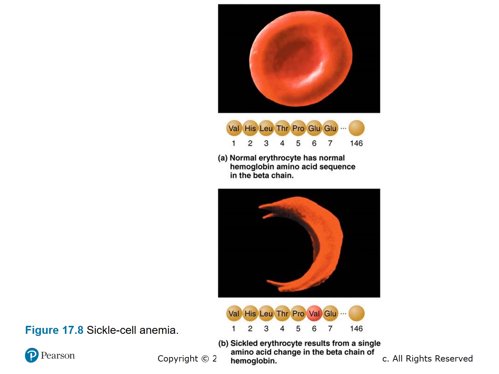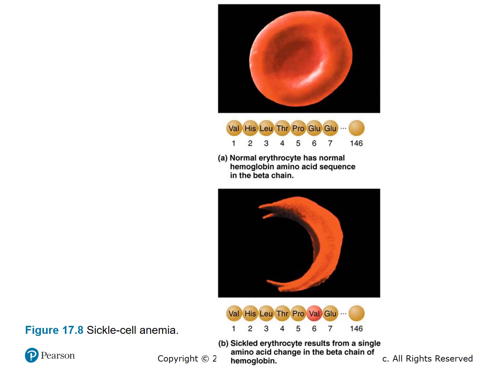Figure 17.8, sickle cell anemia. Here it shows just a section of the polypeptide chain, with the amino acids. There are 146 amino acids per globin chain, and a normal erythrocyte has the normal hemoglobin amino acid sequence. In other words, at position number 6, the amino acid is glutamic acid, and that will result in a normal red blood cell shape.